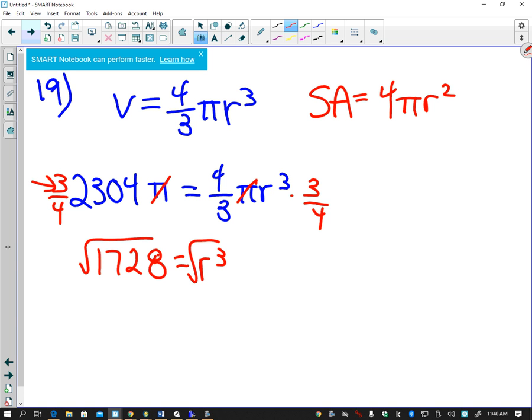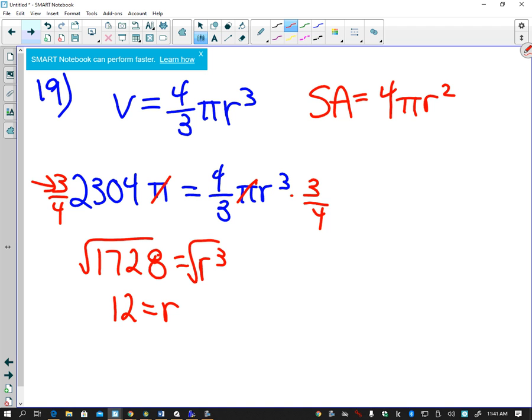Do we know how to cube root in our calculator? No. You can't just put a 3 in front. So you hit math, and you go down to number 4, and then hit the 1728. Okay, so we get 12. 12 equals r. Now, we're not done.